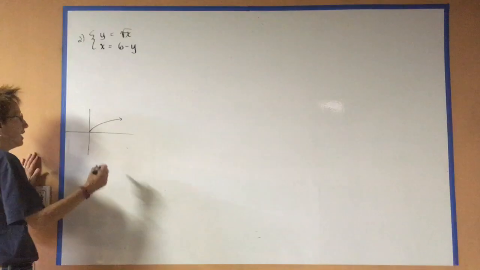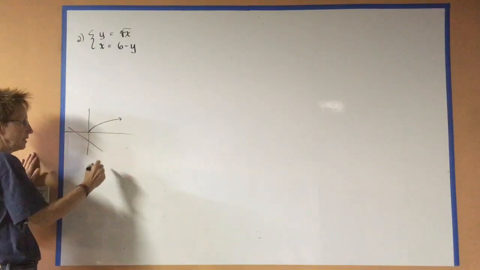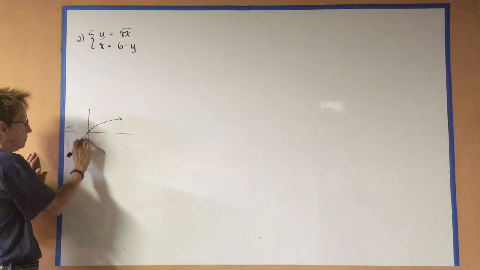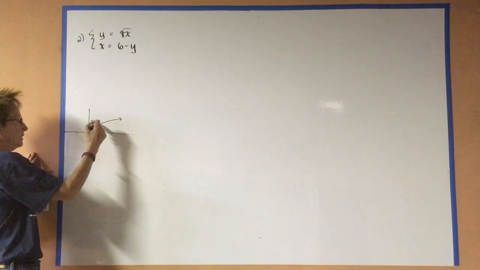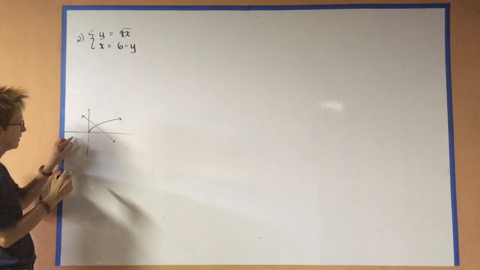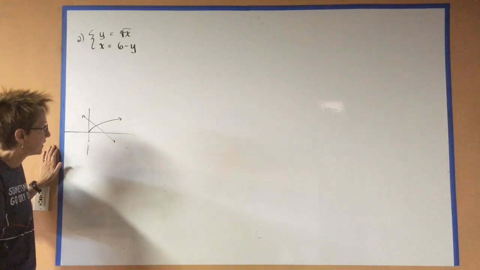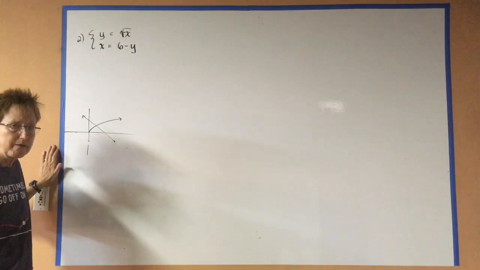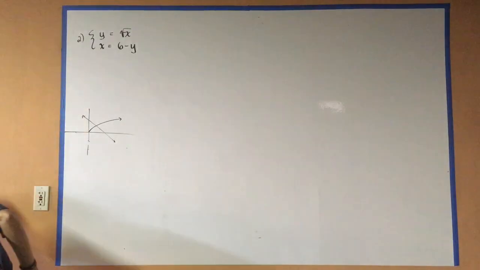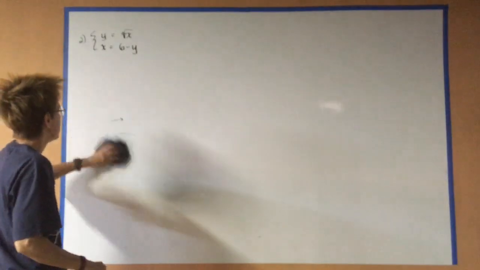So that means this line could either be here, and it doesn't intersect at all, or it could be here and it intersects in one place. There's no way for that to intersect more than once. So either once or 0. So I either get one answer or no answers. So that's just an idea as to what's going on here.